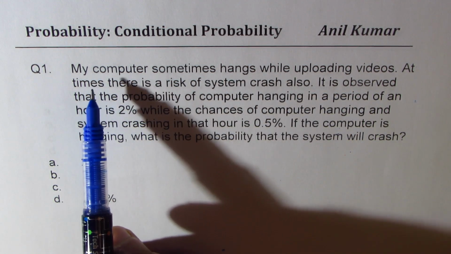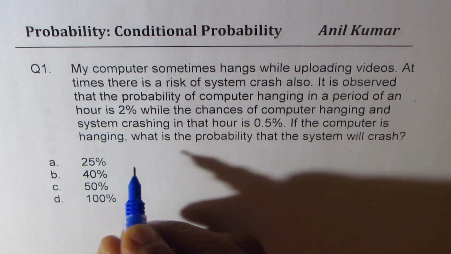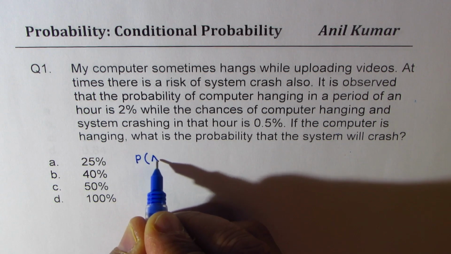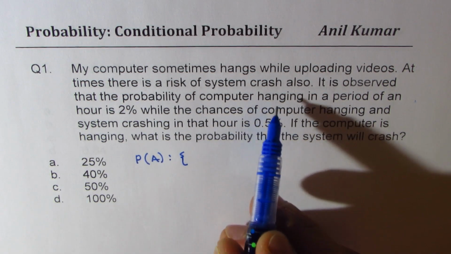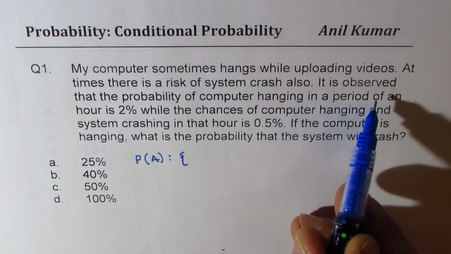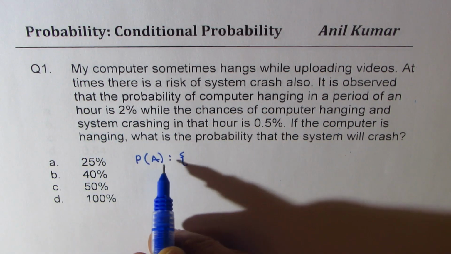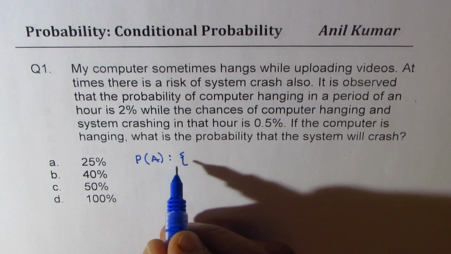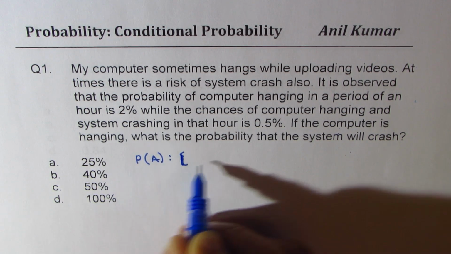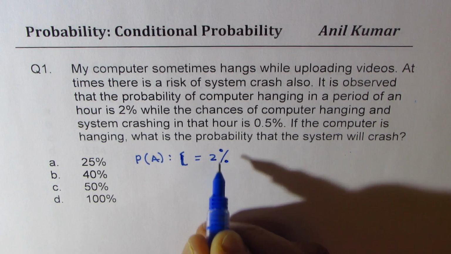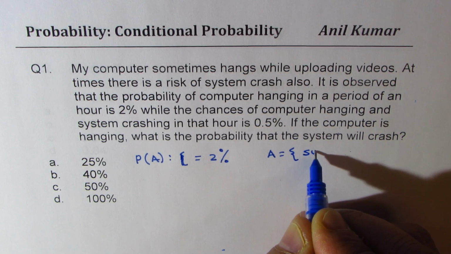We can define the events. My computer sometimes hangs while uploading videos, so probability of event A. What is event A for us? Event A is the event of system hanging. It is observed that the probability of the computer hanging in a period of an hour is 2%. So probability of A is equal to 2%, where A is defined as system hanging.